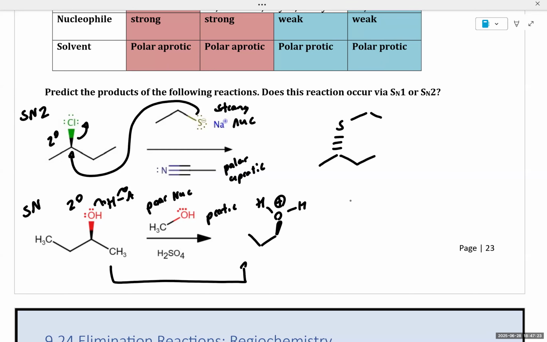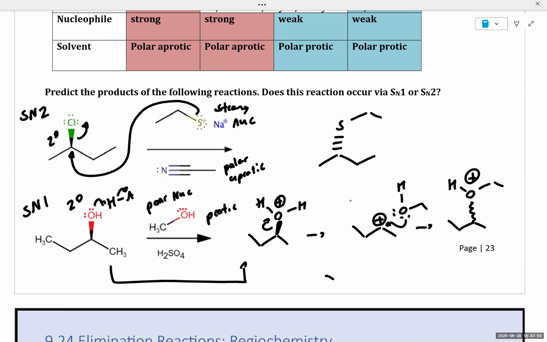Because we suspect an SN1 pathway, because we have a pretty bad nucleophile and a polar protic solvent, what we're going to see next is our leaving group leaves to make a carbocation. And from here, the nucleophile will attack the carbocation and give us a mixture of stereoisomers. So in terms of our two products, we would get a mixture of the two stereoisomers.